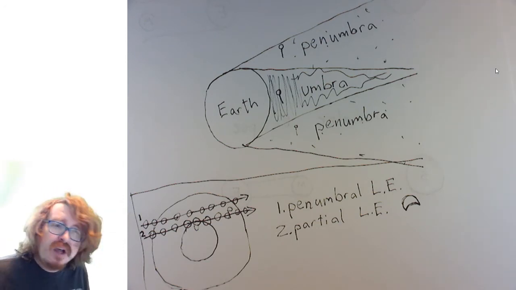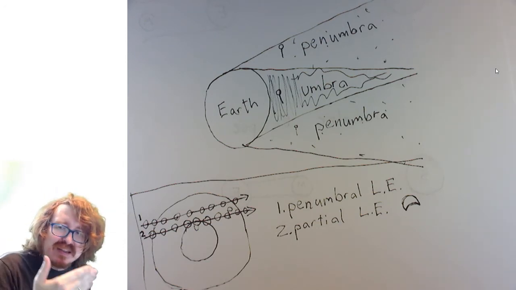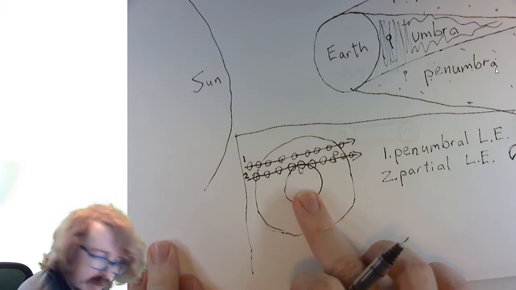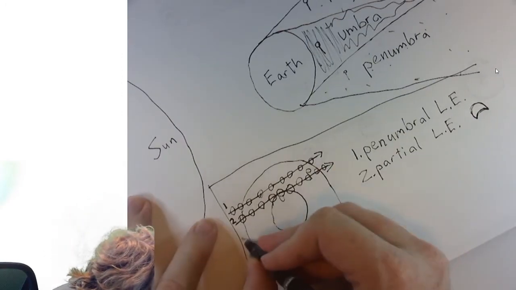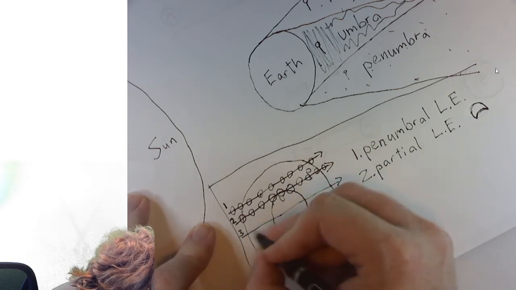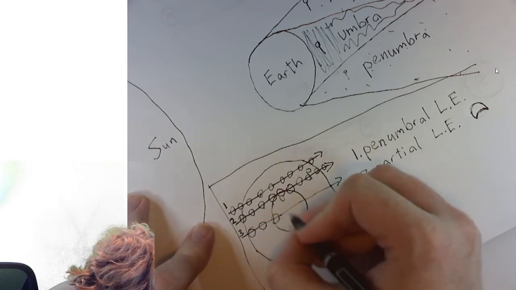Okay, here we go. What's the last place that the moon could go? What's the very final path? It's right through the umbra, right? So path number 3 goes straight through the umbra.